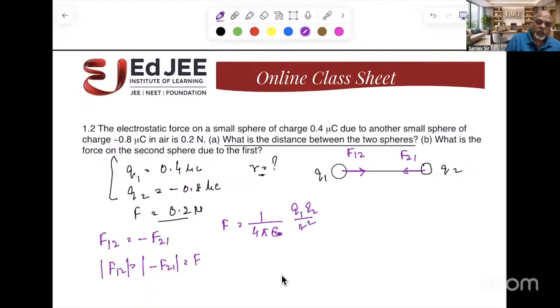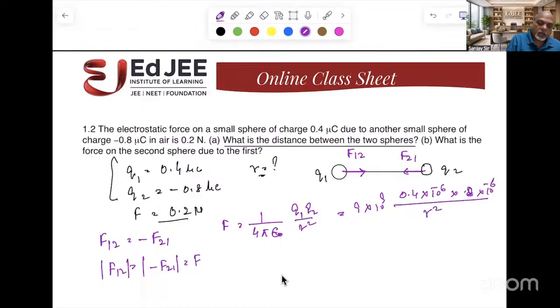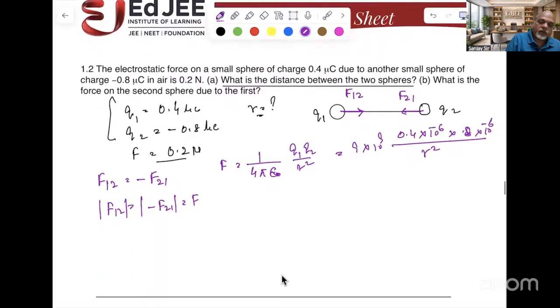Correct. Here we can put the values 9 into 10 raised to 9. Then Q1, Q2 are there, 0.4 and 0.8. They are given in microcoulombs. So 10 raised to -6 into 10 raised to -6, divided by R square. So this F is given. Basically, it is your 0.2 Newton.